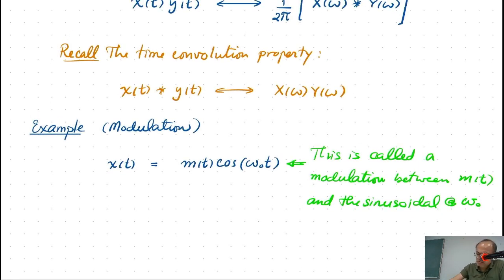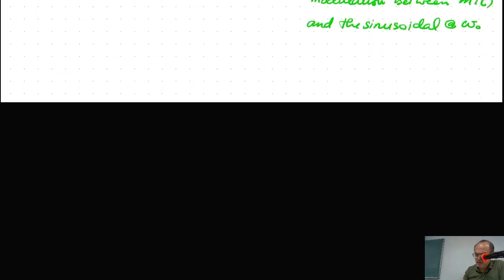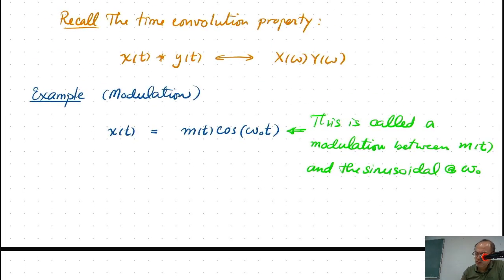Now, we'd like to know the frequency spectrum of x(t). In other words, if we do the modulation between two signals, what would be the resulting frequency spectrum?